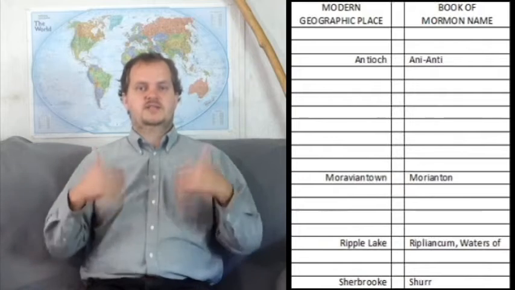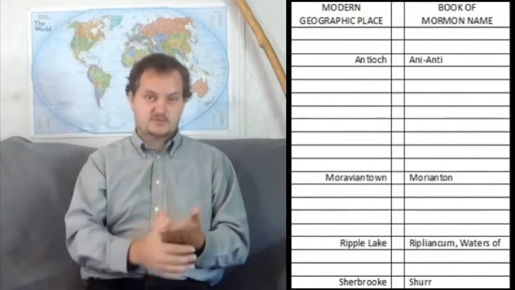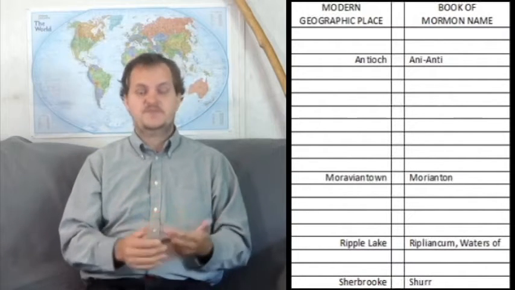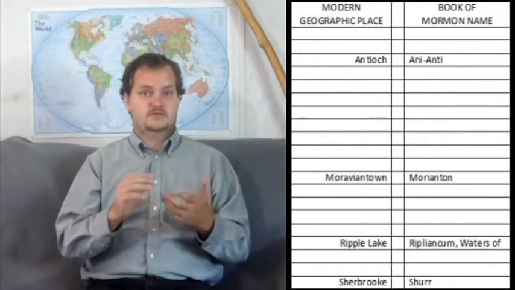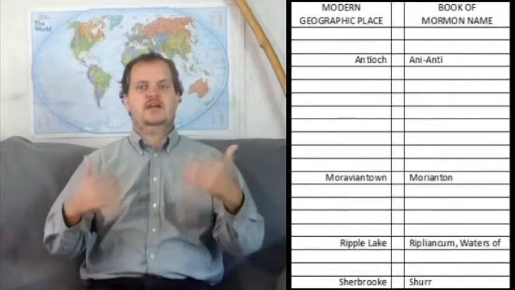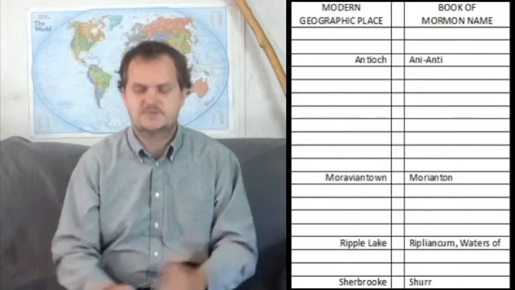All the names that we would expect to have similarities with, the ones that are of Hebrew or Middle Eastern origin, or especially those directly from the Bible, as well as those that are derived from the native languages of the United States, which would have developed from the Book of Mormon peoples and languages.